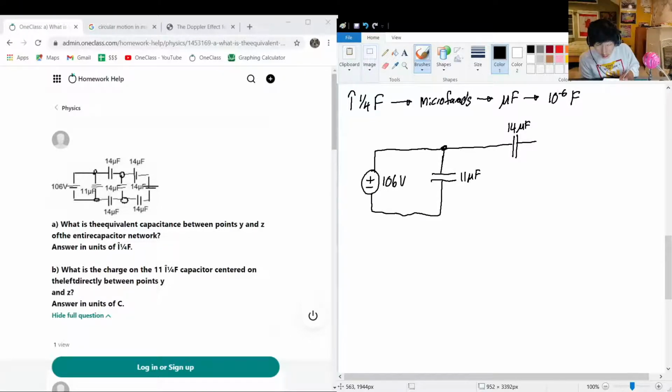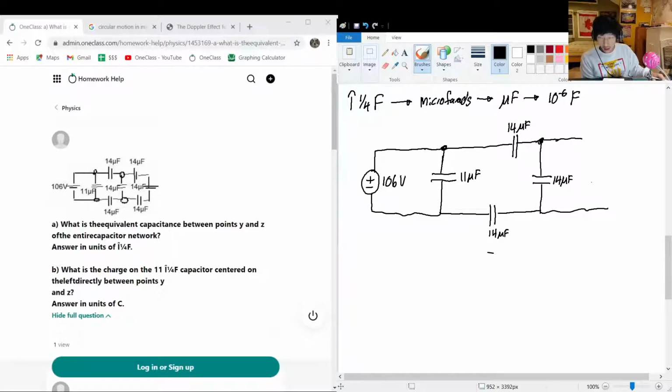That's connected to a 14, like this. There's another 14 like this. And over here we've got 3 14s in series, like this.